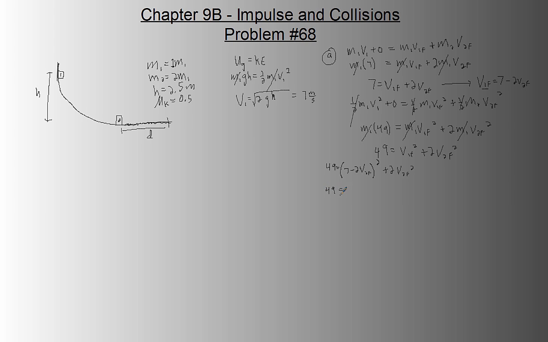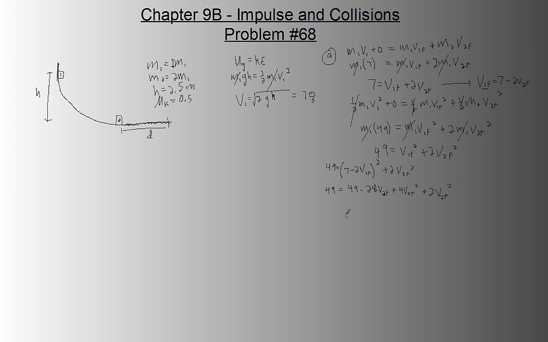I'll write the FOIL out. I'll just do it. So 7 squared is 49, minus 7 times 2 is 14, double that is 28 v2f, plus 2 squared is 4 v2f squared. And then don't forget this term, plus 2 v2f squared.